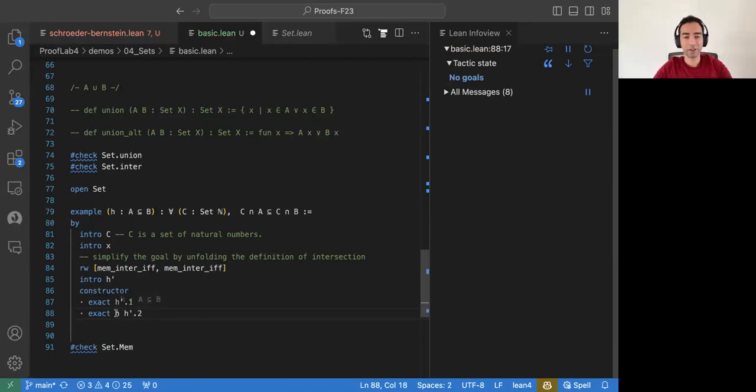Because H is an implication, right? It says if it's in A, it's in B. And whenever you have implication, you have this rule of implication elimination or modus ponens, which says, if I'm in A, then I'm in B, that I know. And if I apply that to the fact that I'm in A, then I will land in B, essentially.